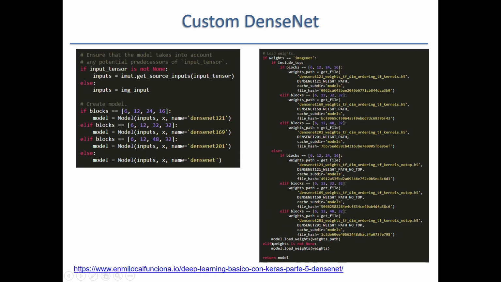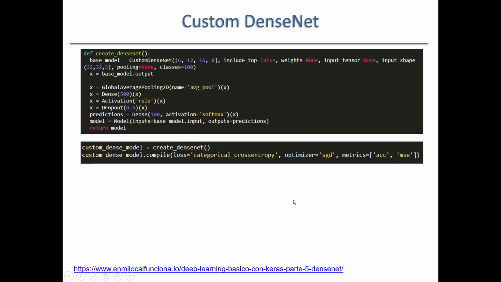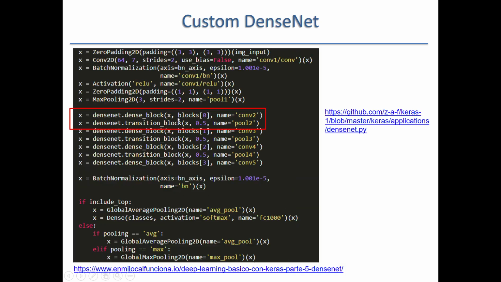So you do model, and model is one of these DenseNets. Load weights from this weights path. Or if you don't give weights, but you give some file, you load from that file. And then creating the DenseNet would be you create your base model. The base model is just what we did here.